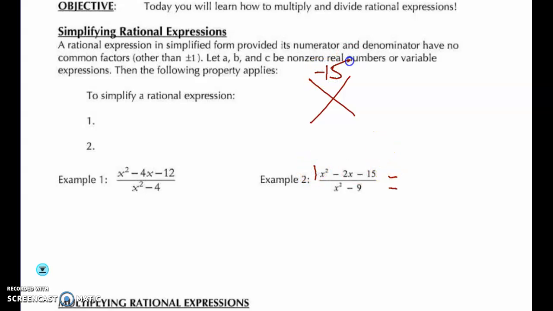That's negative 15, and that goes up here. Then I look at my b term, and that's negative 2. So now I have to ask, what are the two numbers that multiply to give you negative 15 but add up to give you negative 2? Hopefully your brains are popping with a negative 5 and positive 3.